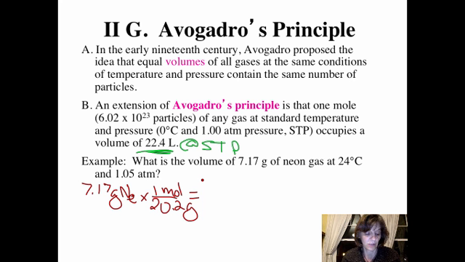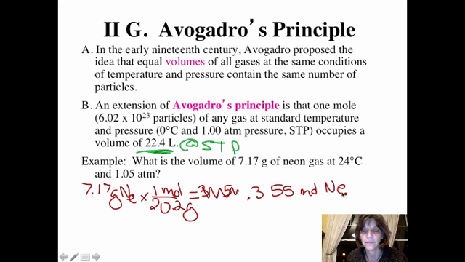7.17 divided by 20.2 is 3.5, I'm sorry, cross that out, 0.355 moles of neon.